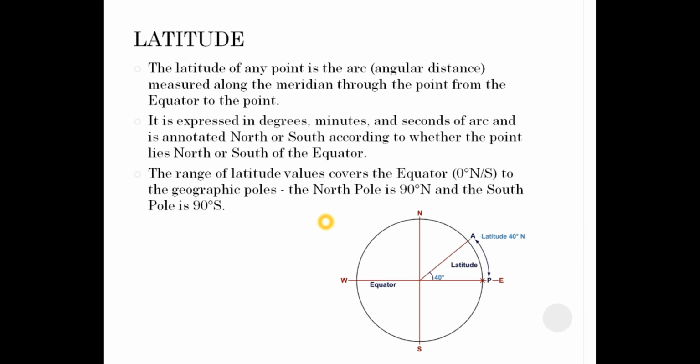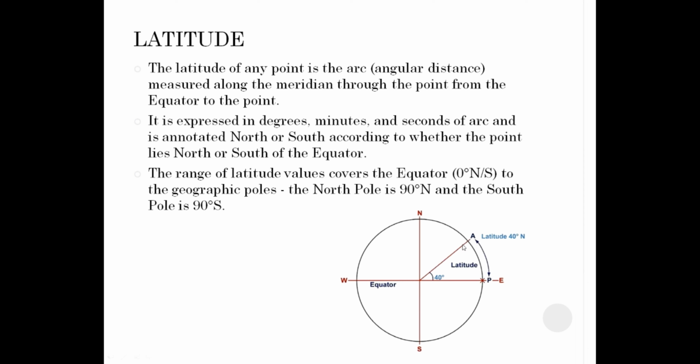Now let's talk about the latitude. The latitude of any point is the arc, the angular distance, measured along the meridian through the point from the equator to the point.